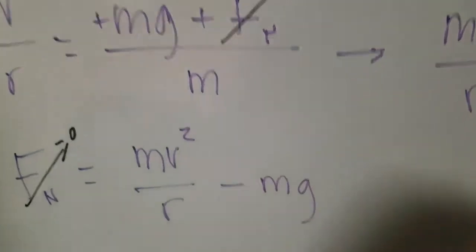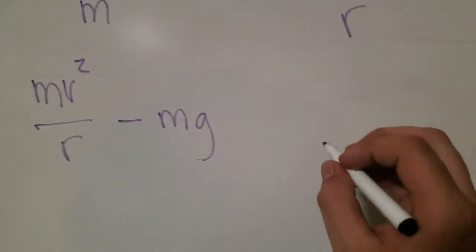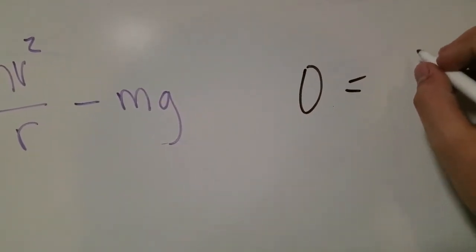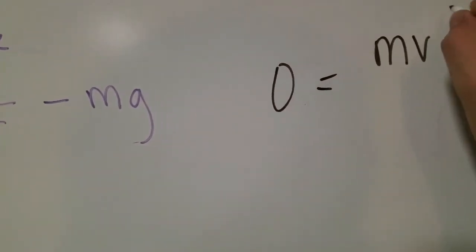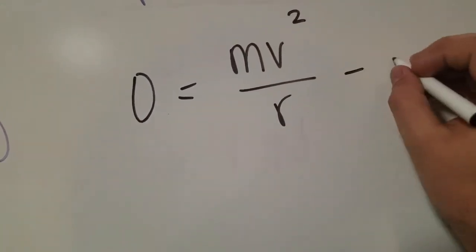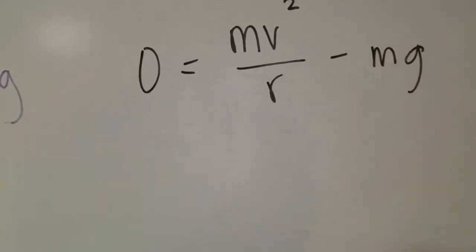Now we're left with this equation that looks like this. 0 equals mv squared over r minus mg.